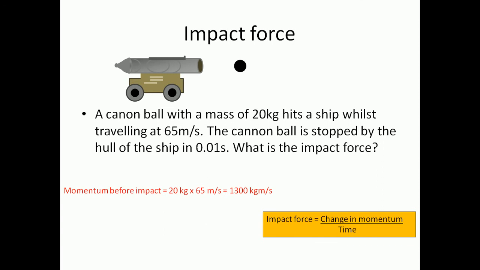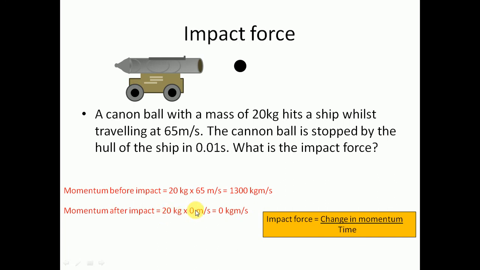What about the momentum afterwards then? Well, that's quite simple really, because if you read the question, it does say that the cannonball is stopped. Keyword there, stopped by the hull of the ship. Therefore, at the end, the cannonball's not moving. Therefore, its momentum is 0, because any mass multiplied by 0 is going to give us a momentum of 0.